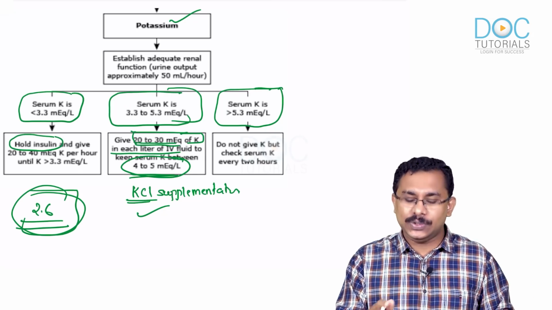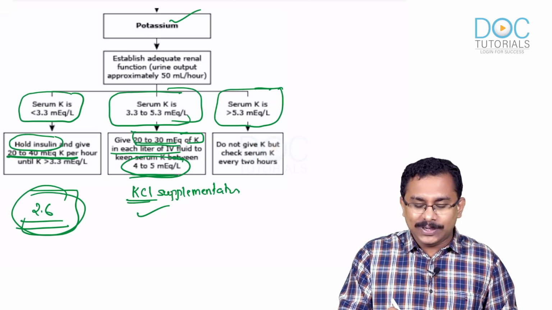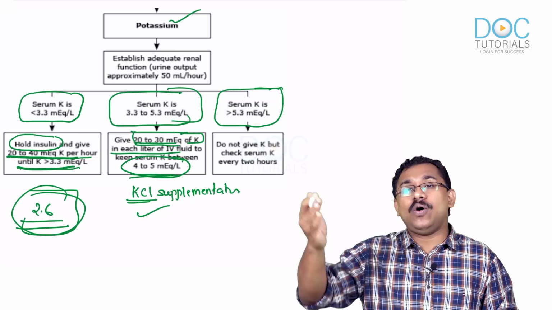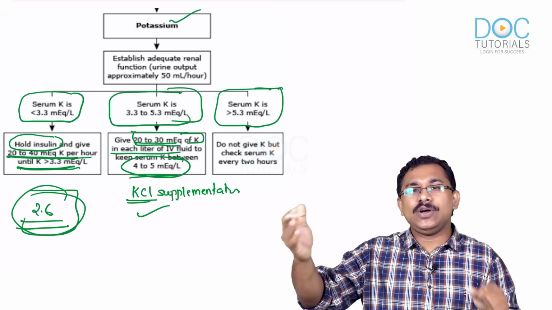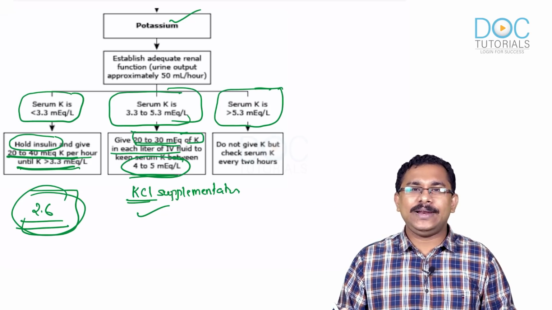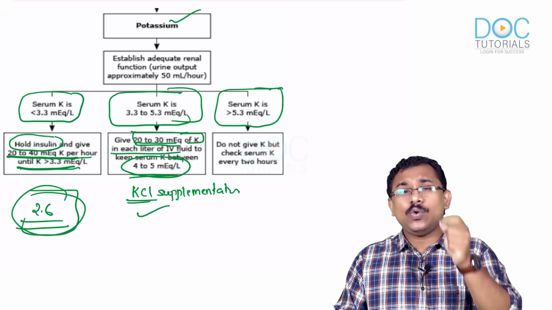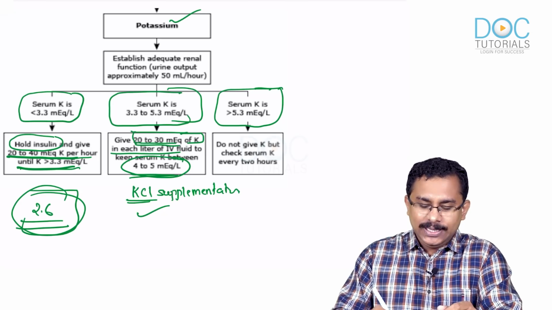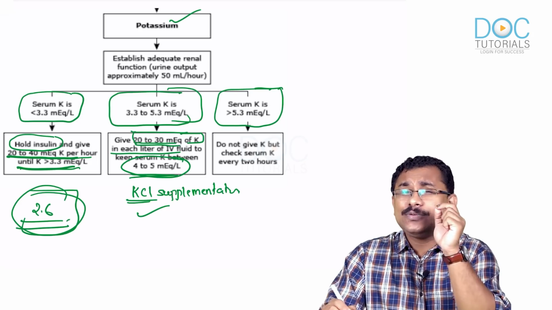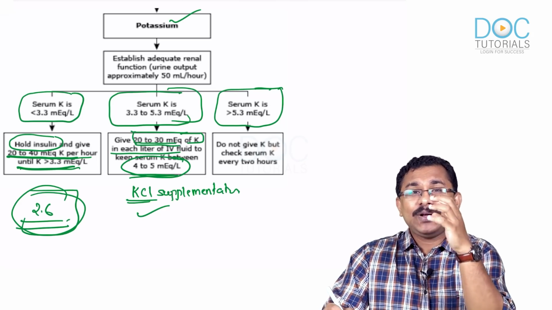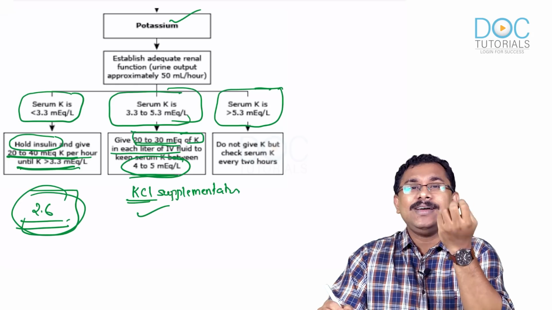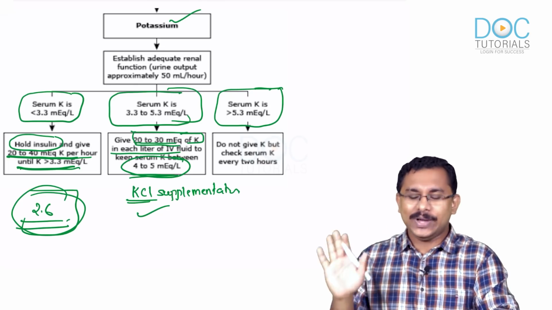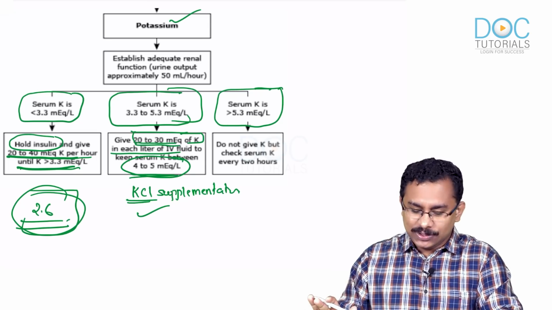You hold the insulin and you supplement potassium 20 to 40 milliequivalents per hour until it is above 3.3 or maybe 3.5 milliequivalents per liter. Only once it has reached the normal range, you resume the insulin infusion. Now, this is very, very important, because hypokalemia is such a dangerous complication, you do not want that to develop. So I hope that potassium correction is also clear.